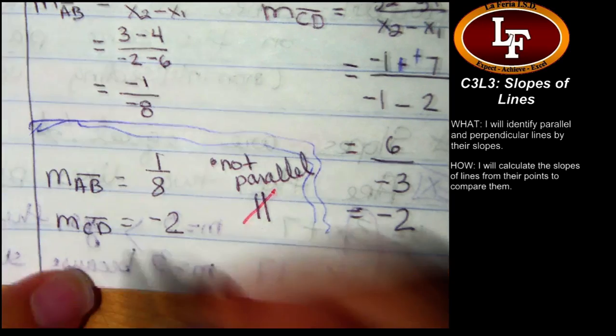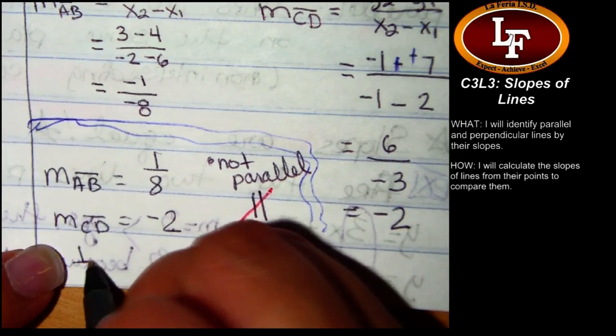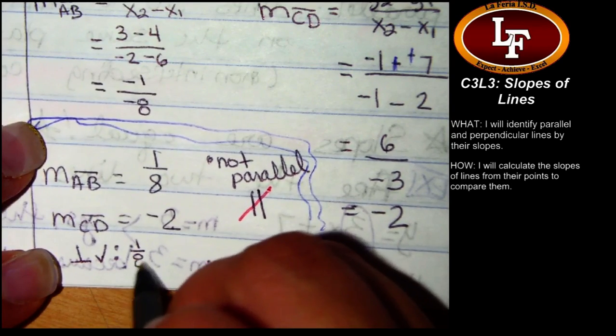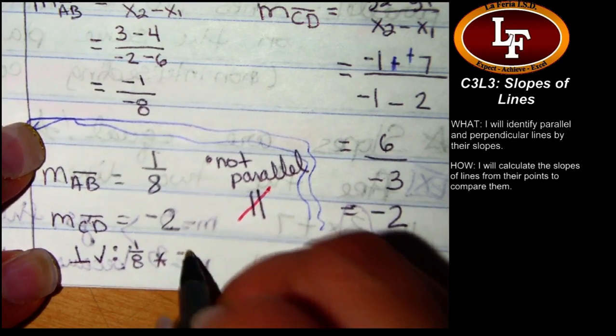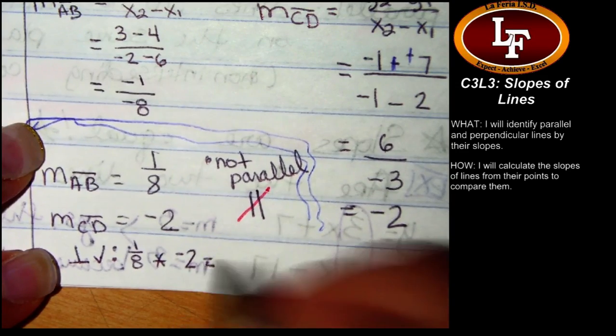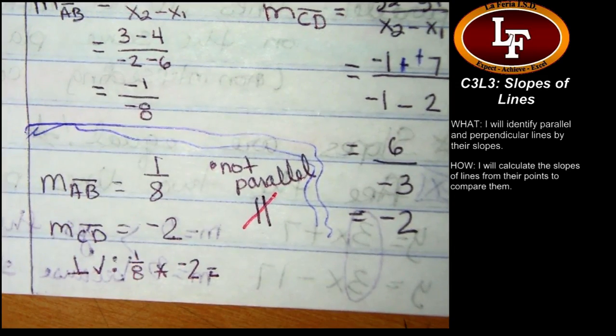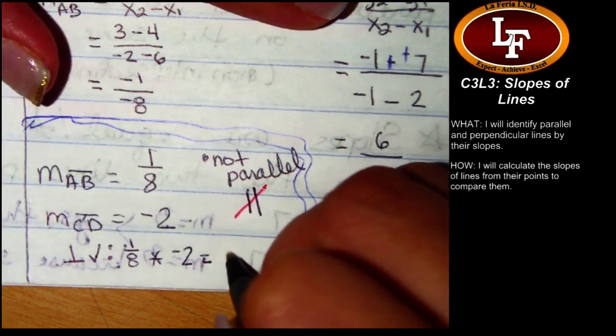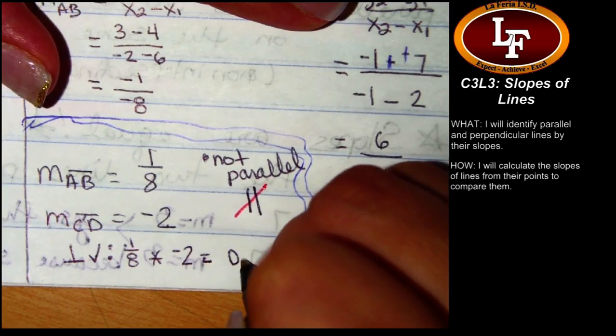So go to your calculator, and we're going to run our perpendicular check. Take 1/8, multiply it by -2, and what you want to come out is -1. Do you? No. You get -0.5. -15 over 8. Oh, -1.875 in decimal form.